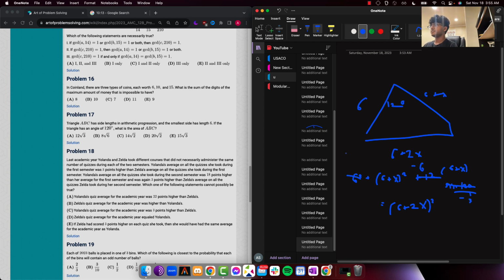Writing on this is not it at all. 36 plus x squared. I'm just going to write on a separate piece of paper. I don't think I can deal with writing on this, but you get the idea, you just solve the equation.